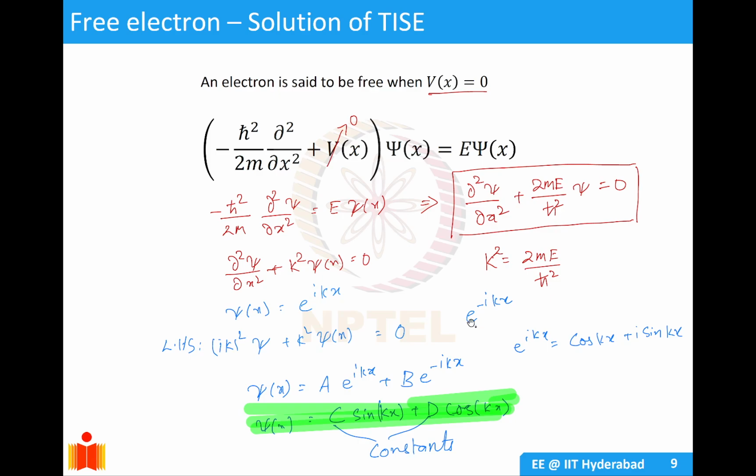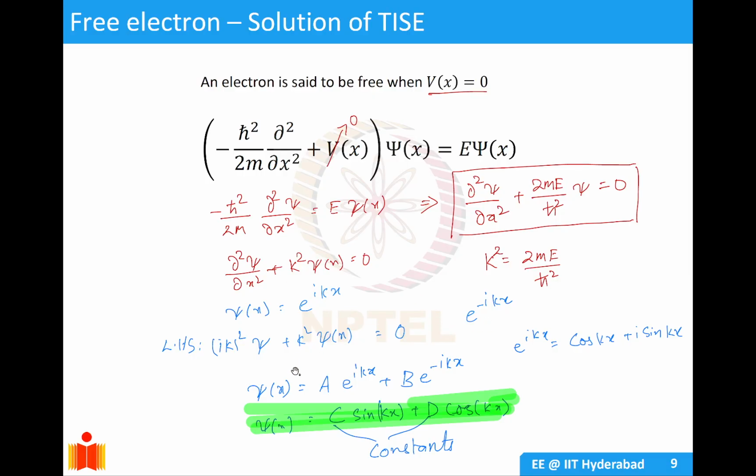And instead of iota kx, you can also take minus iota kx. And e power iota kx means cos of kx plus iota sine of kx. Both of these are valid solutions.